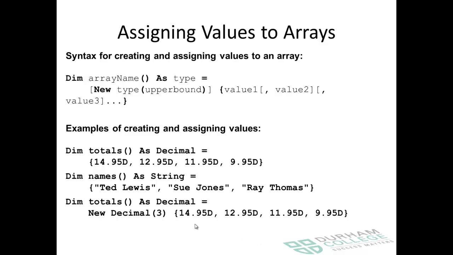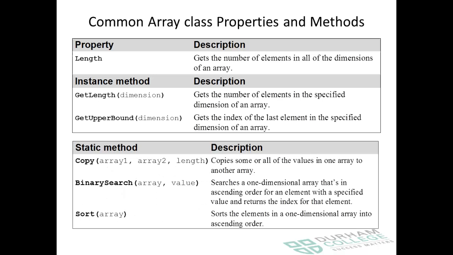The thing to keep in mind here, if you are going to declare it this way using the new keyword, that upper bound dimension, in this case 3, the list that you assign, of course, has to have the number of elements. Those have to match. So 3 as an upper bound indicates that there should be 4 elements, and we're good to go there.